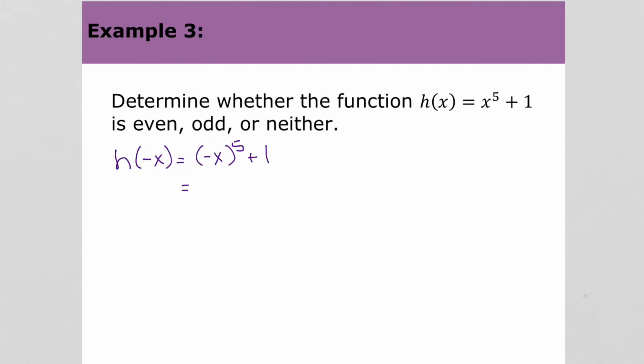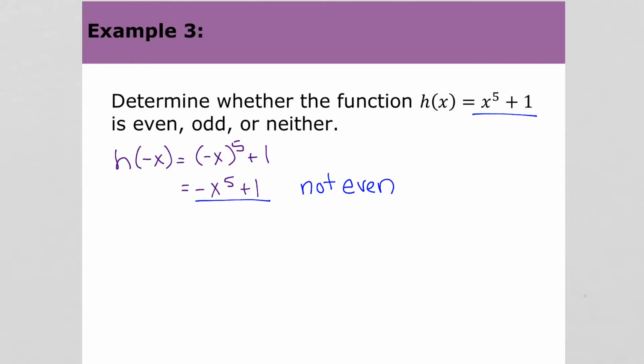That's an odd power, so we end up with a negative x to the 5th plus 1. Now, our question is, is this the same as this? And no, it's not, because we've got a negative here and a positive up there. So that means that this function is not even.